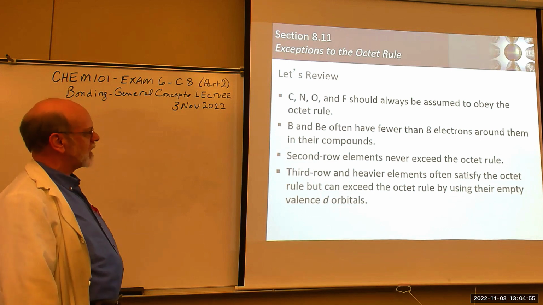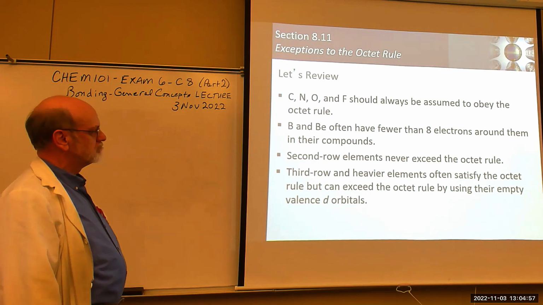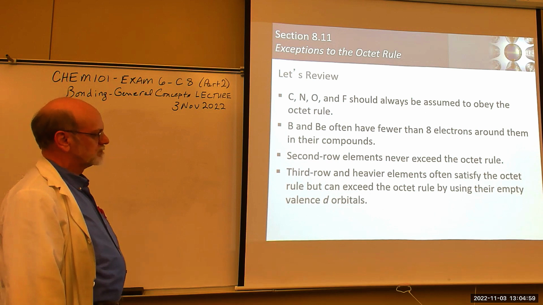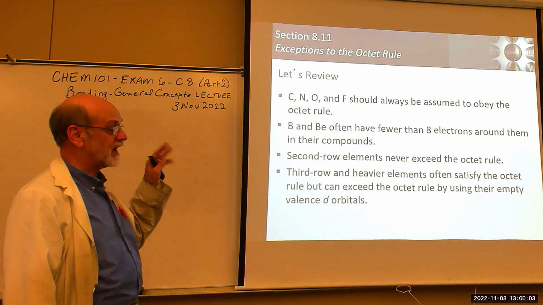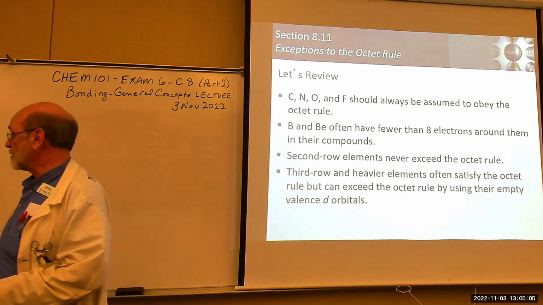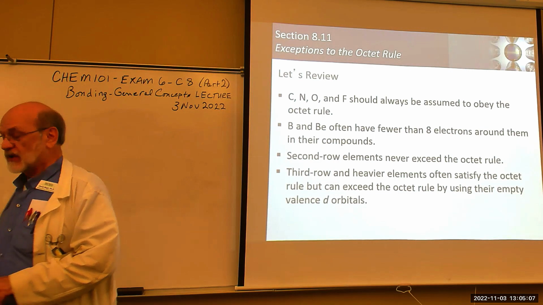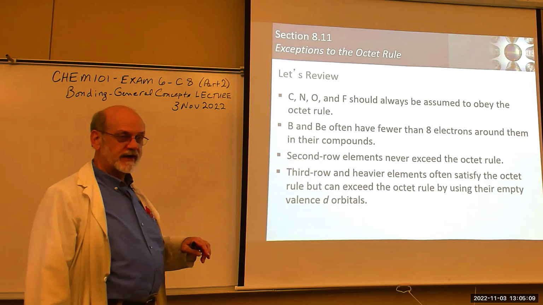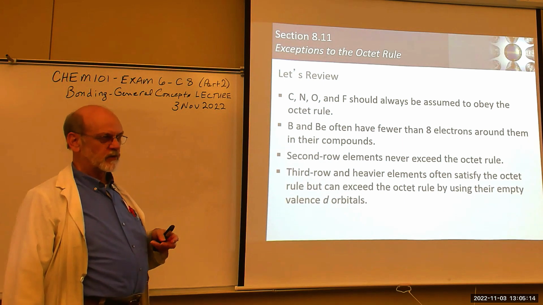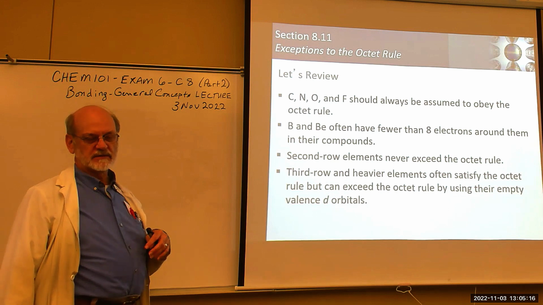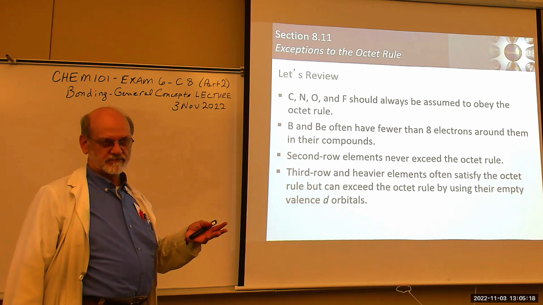These carbon, nitrogen, oxygen, fluorine, I don't know of any circumstance where these would violate the octet rule. And that makes sense, because they only have available to them 1s, 2s, and 2p. They don't have easily accessible d orbitals.